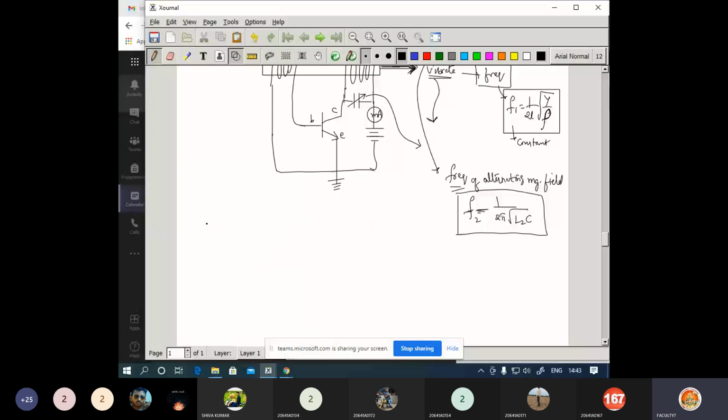Previously regarding resonance, what we had seen: if N1 is there and N2 is there, and at a particular stage these two are equal, then you get the resonance concept. Now instead of N1, consider F1, which is regarding the rod. Instead of N2, consider F2, the alternating magnetic field frequency.